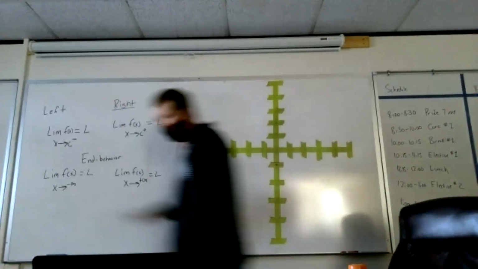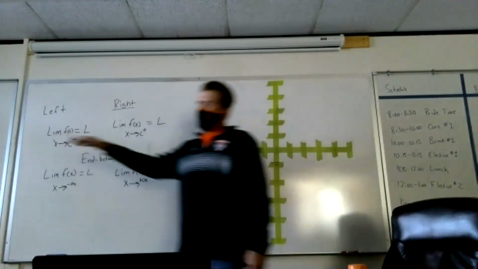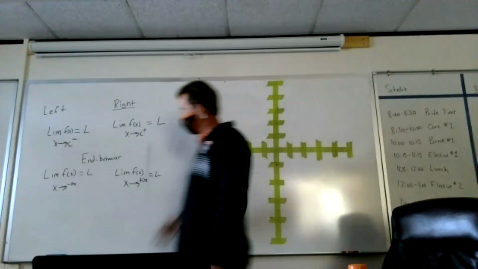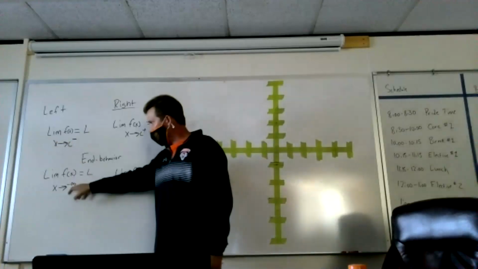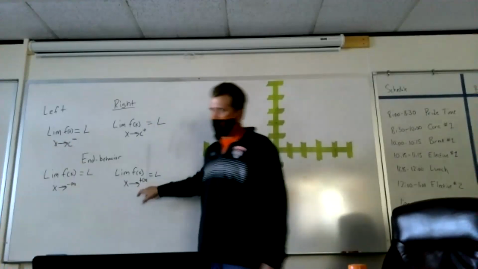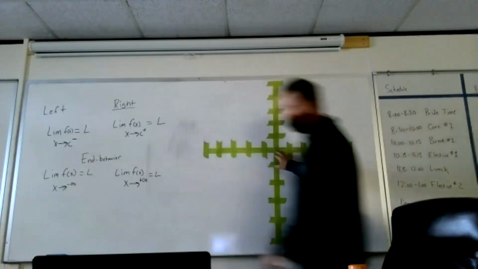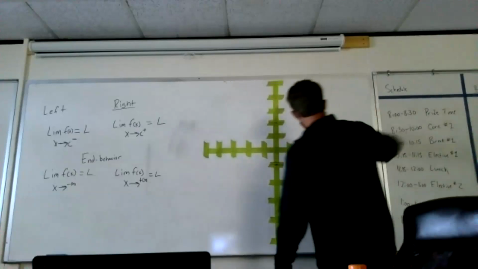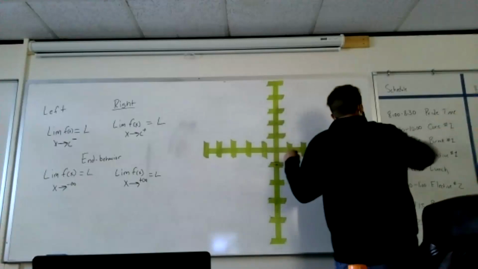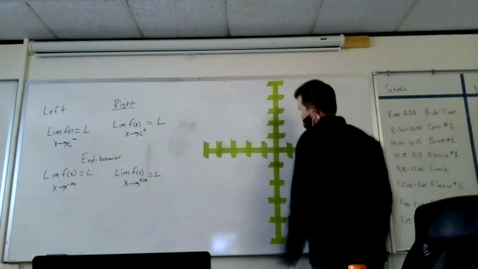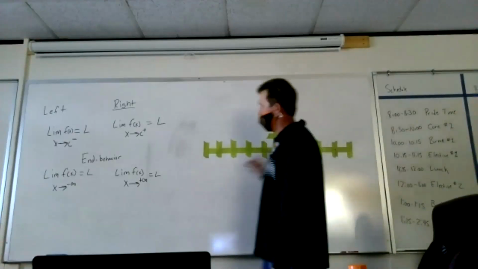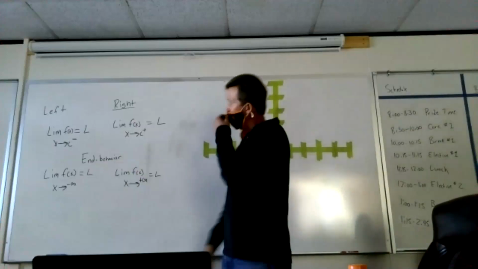Okay, once again, as x approaches negative infinity, it's talking about the origin working this way, all the way to a negative infinity. Always talking about a domain value here and a domain value here. Positive infinity, our origin is here, it's working this way. What is the graph doing as it goes farther and farther right as a positive infinity? And what is the graph doing as it goes farther and farther left?